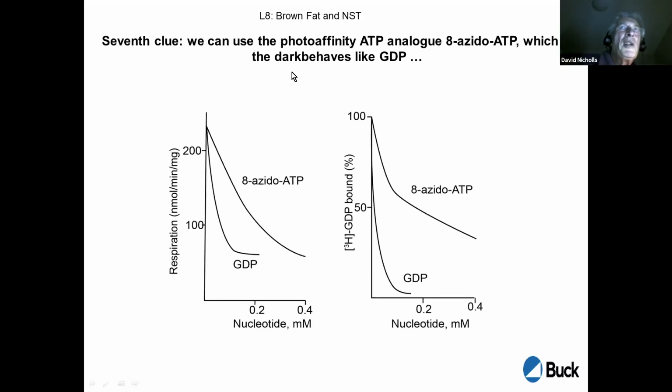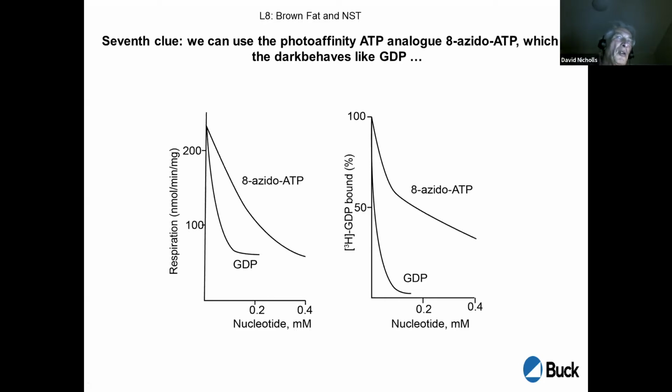And the way we did this was to use a photoaffinity label. So a photoaffinity label means this one is azido ATP, which has an azido group on the end. When you flash it with powerful ultraviolet light, the nitrogen N2 falls off and you're left with the extremely reactive nitrene radical, and that binds to the first thing that it sees.